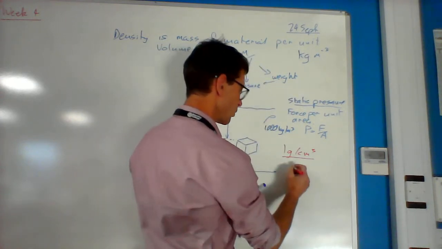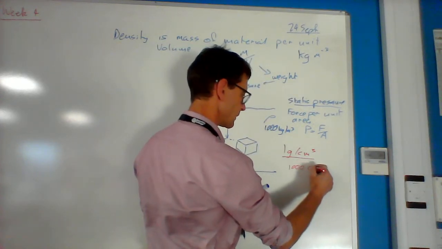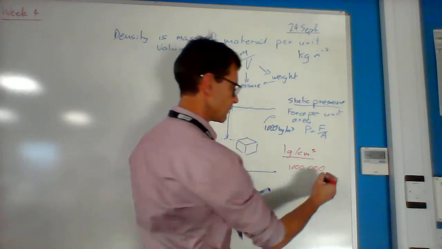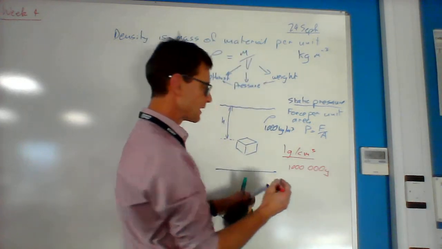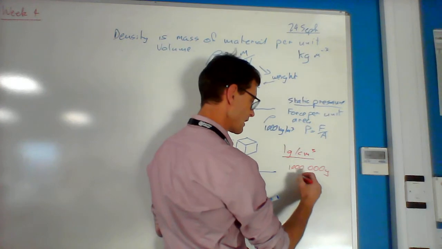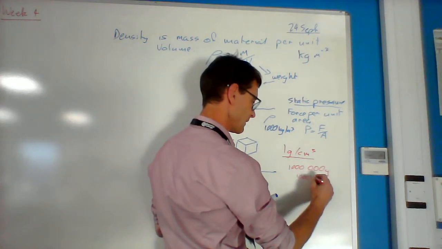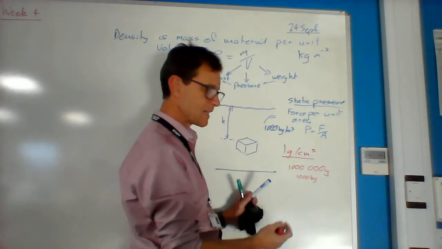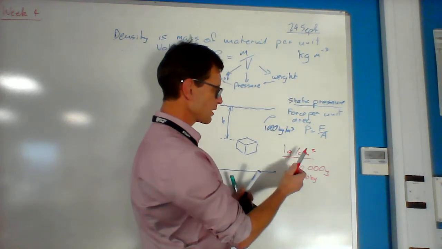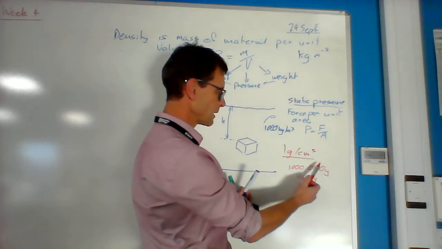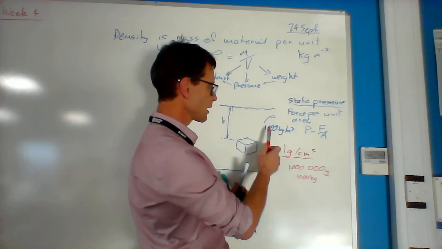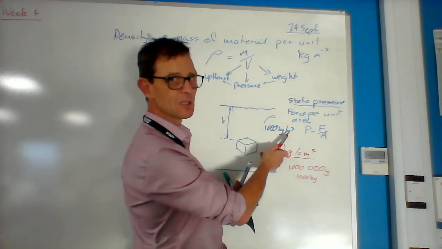And if we have 1 million grams, then that is 1,000 kilograms. Okay, so multiplying that by 1 million, a million of them is 1,000 kilograms, 1,000 kilograms for every metre cubed.